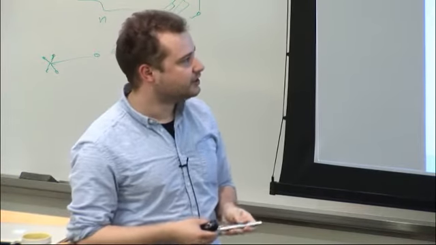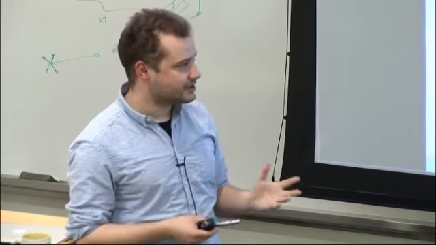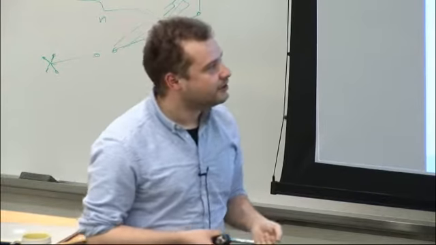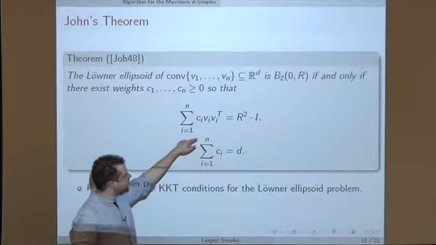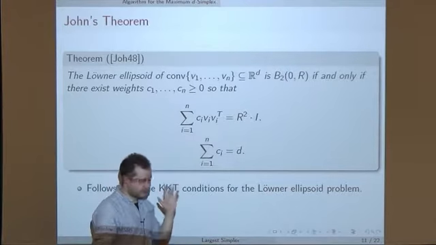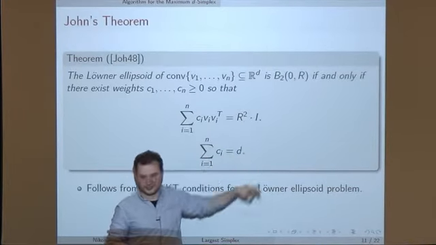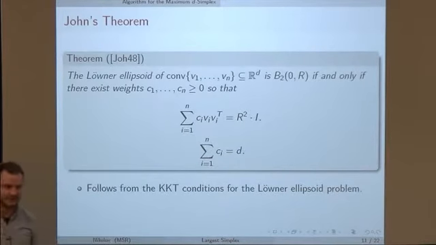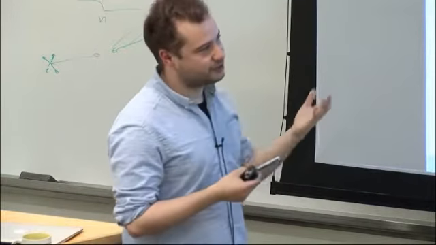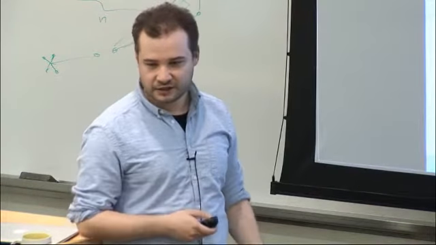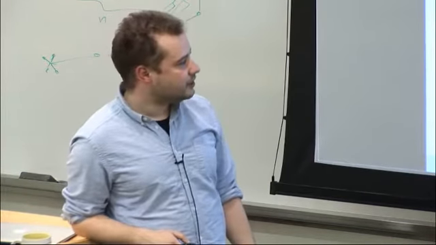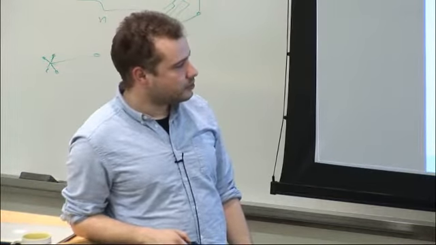If you want some intuition beyond the manipulations to get the dual, this says that these vi have to point in all kinds of directions in order for you to be able to decompose the identity in this way. OK, so this is what we use.